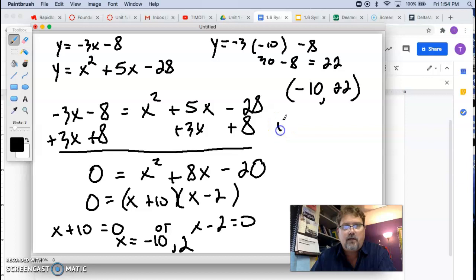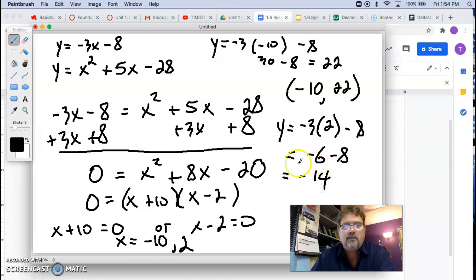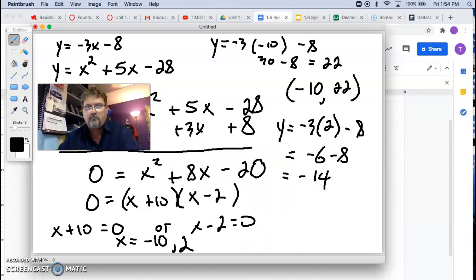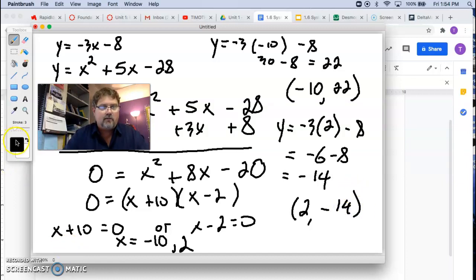So we're going to say y equals negative 3 times 2 minus 8. We get negative 6 minus 8, and I think that's negative 14. So the other one, I got to move my own box out of the way here, is 2, negative 14.